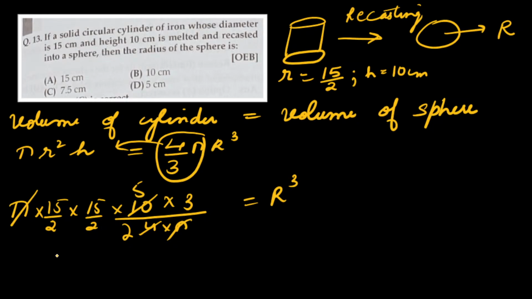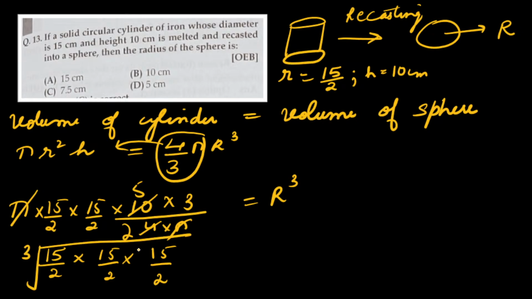So what am I left with now? 15 by 2 into 15 by 2 into, if I multiply 5 and 3, it will become 15 by 2. This will also become 15 by 2. When we shift the cube to the other side, it will become cube root. So cube root of 15 by 2 into 15 by 2 into 15 by 2.